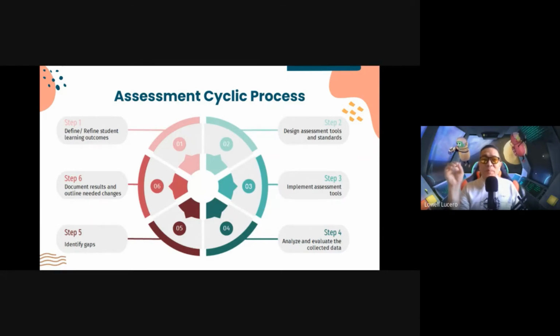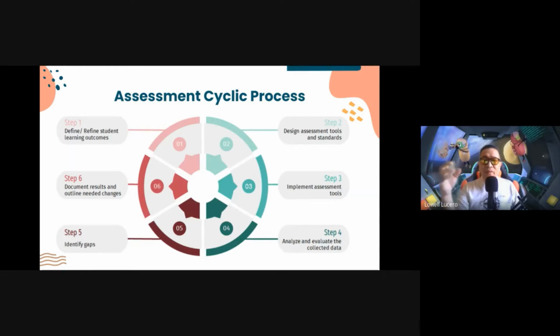Our expectation is 75% mastery level. That is our national target for the proficiency level of the children. If I am the teacher in grade 5, I want to know if the mastery level of the children from grade 4 reached 75% or not. That's why I need to conduct a diagnostic test.